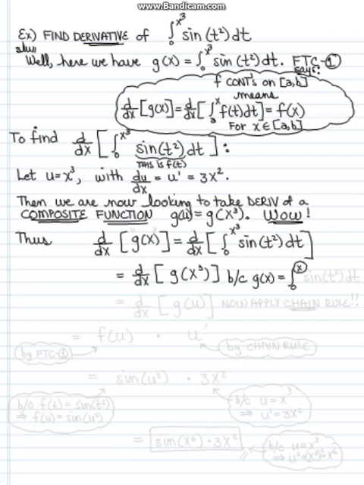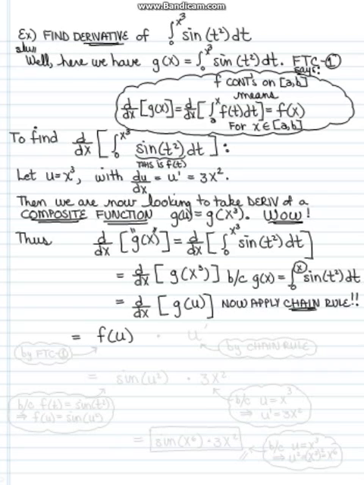And we have the integral from 0 to x cubed. So we're taking the derivative of g of x cubed. All right, so that's equal to the derivative with respect to x of g of u. Okay, that means we're taking a derivative of a composite function because u is a function of x. So we're going to apply the chain rule.